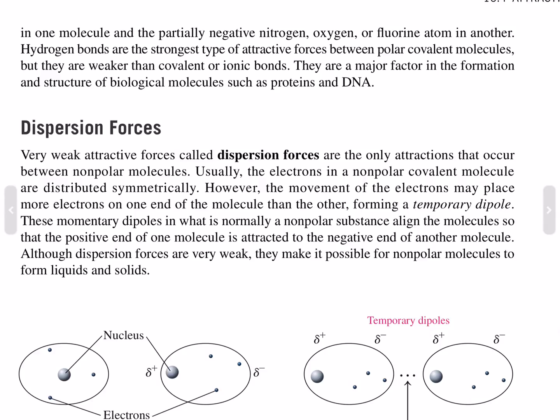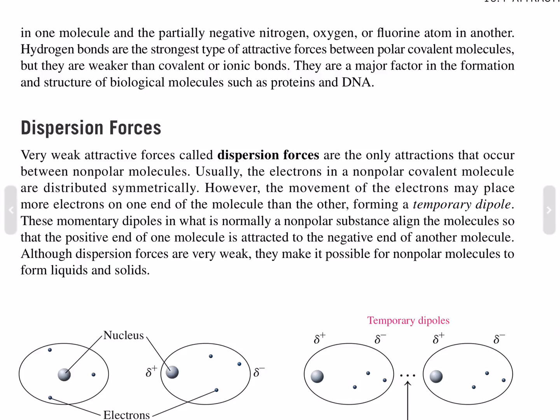Dispersion forces. Very weak attractive forces called dispersion forces are the only attractions that occur between nonpolar molecules. Usually, the electrons in a nonpolar covalent molecule are distributed symmetrically. However, the movement of the electrons may place more electrons at one end of a molecule than another, forming a temporary dipole.